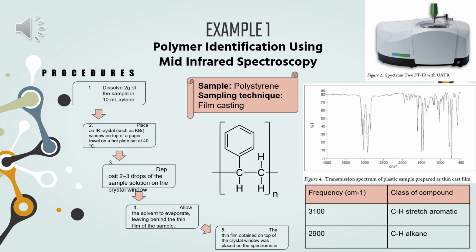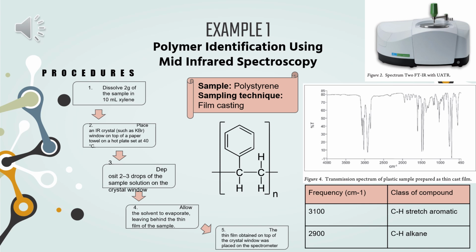In order to know what the film casting sampling technique is, let's go into the procedures. First, 2 gram of the sample was dissolved in 10 ml of xylene, and then an IR crystal window is placed on top of a paper towel on a hot plate that is set at 40 degrees Celsius.